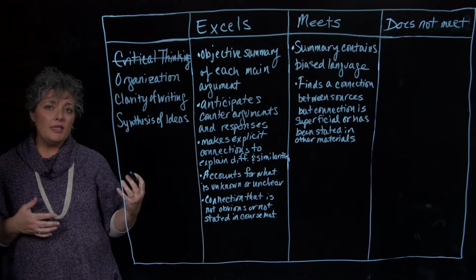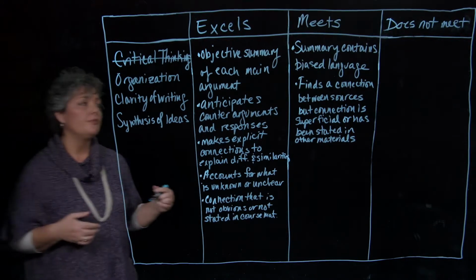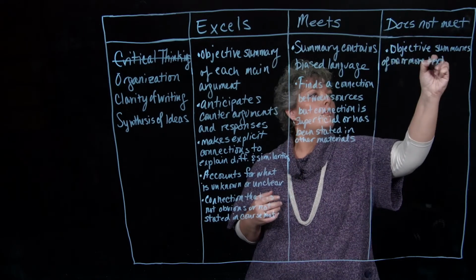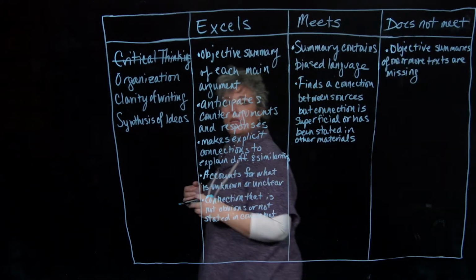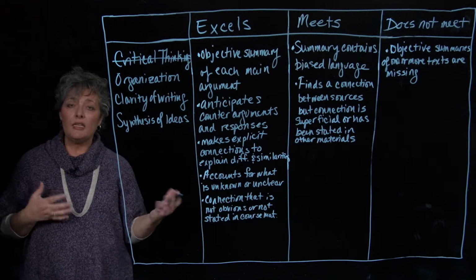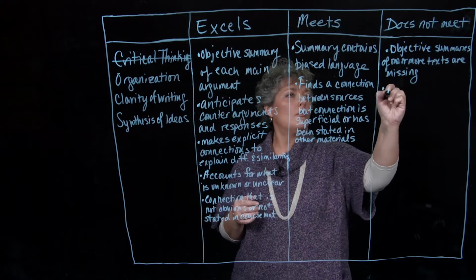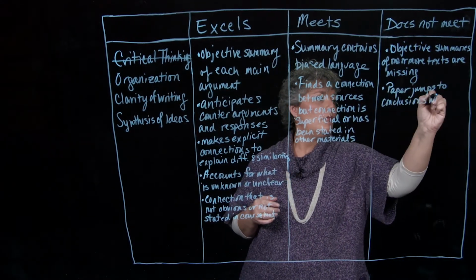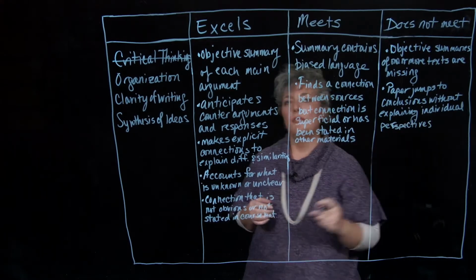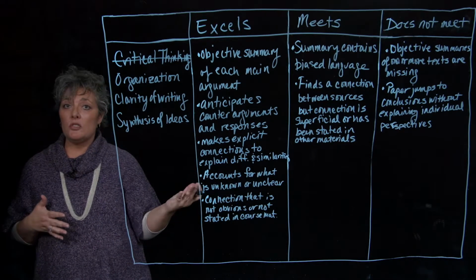For does not meet, that would be objective summaries of one or more texts are missing. Paper jumps to conclusions without explaining individual perspectives. Or summaries are clearly biased toward a student's conclusion.